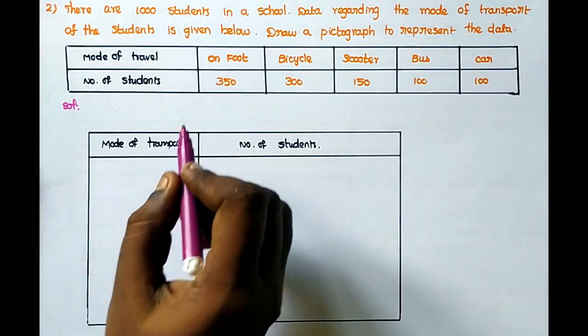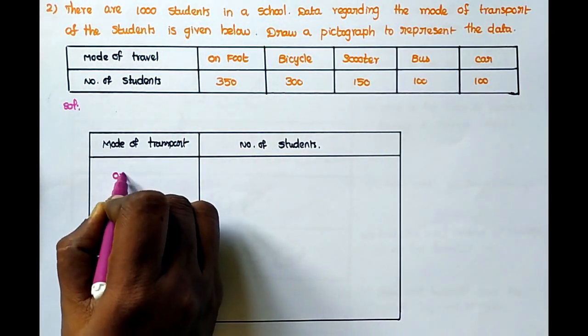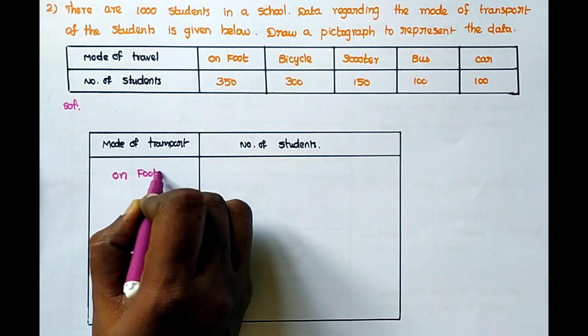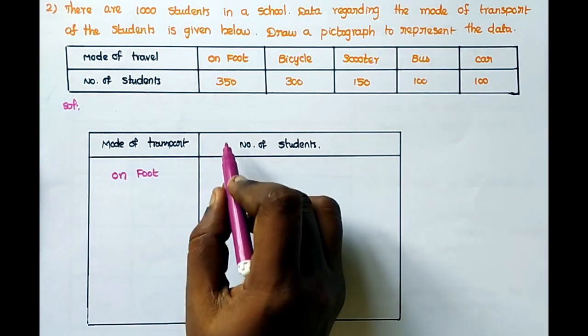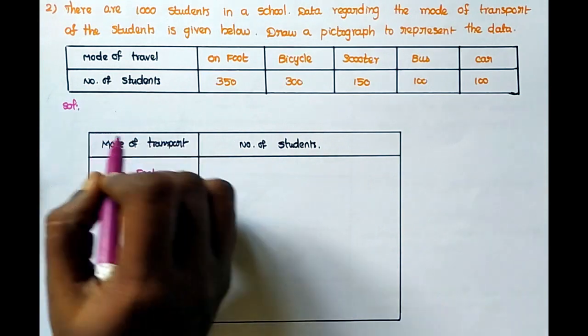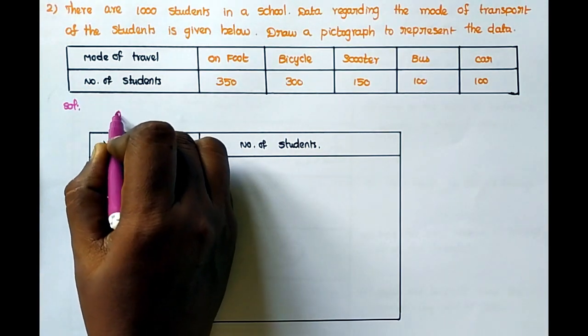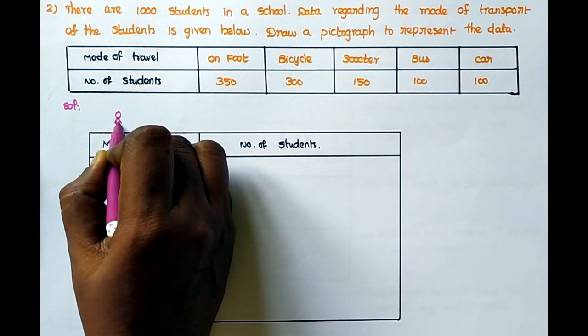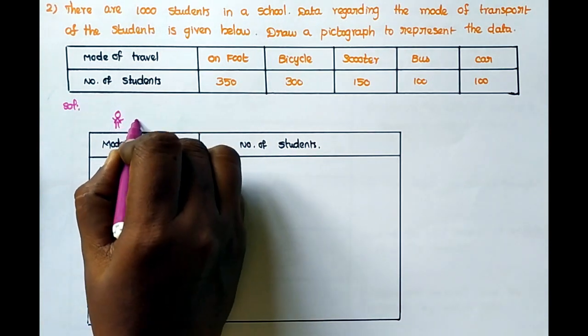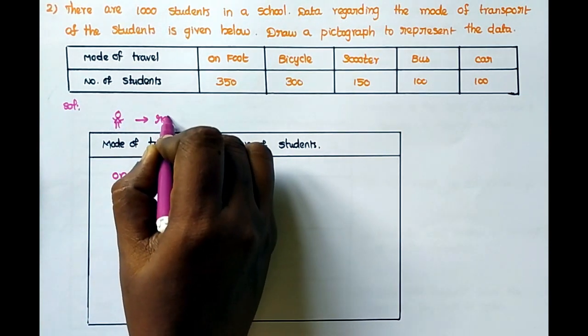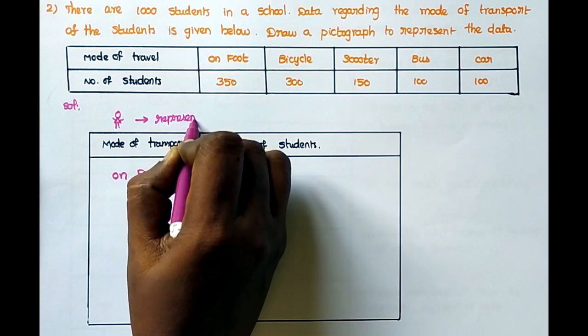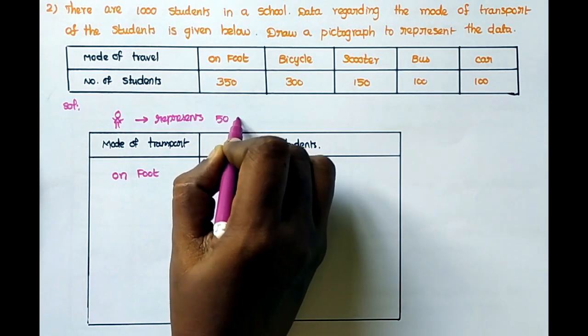Here the mode of transport. First one, on foot. How many members? 350. Here one toy represents 50 students.